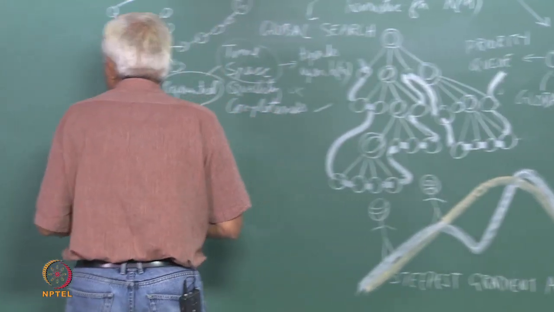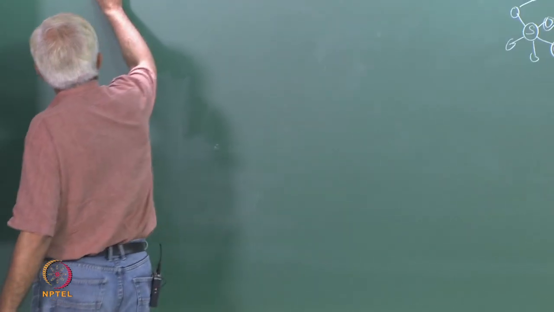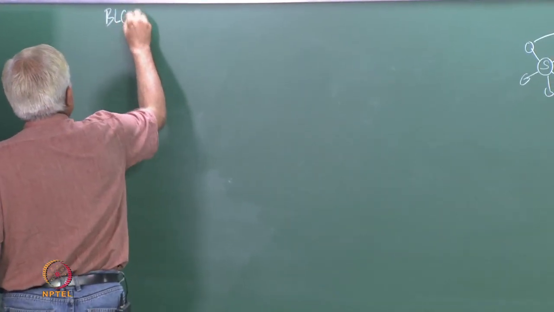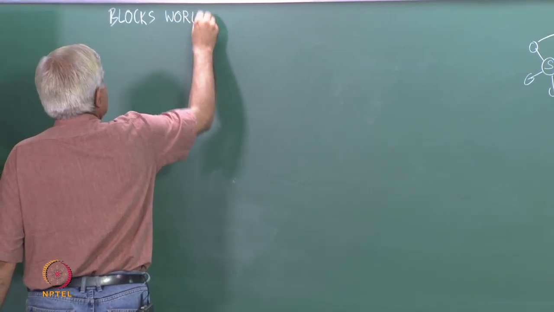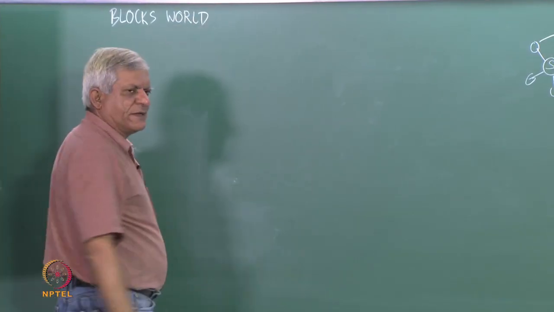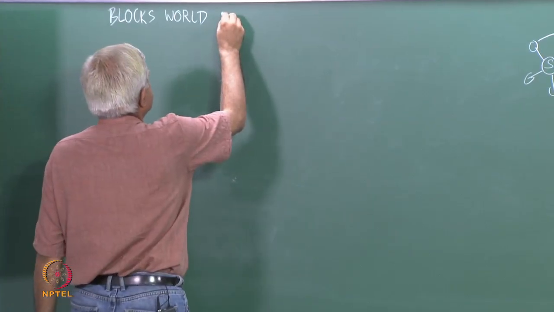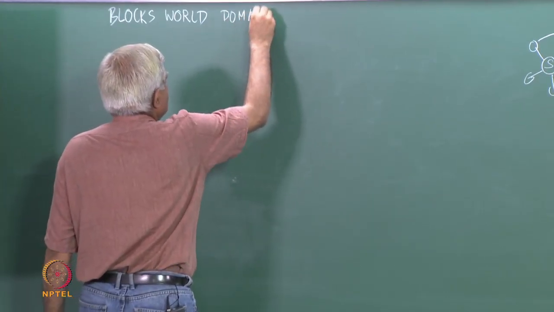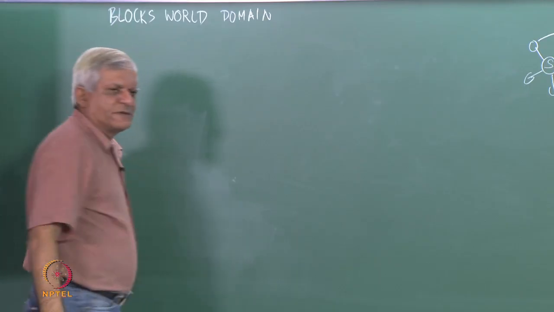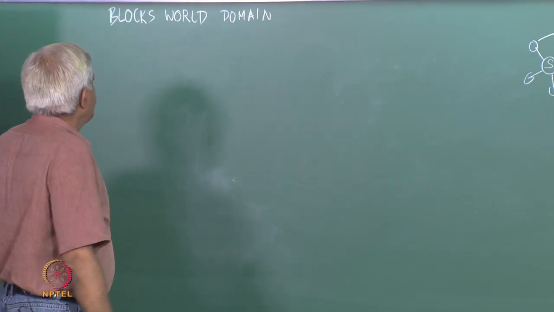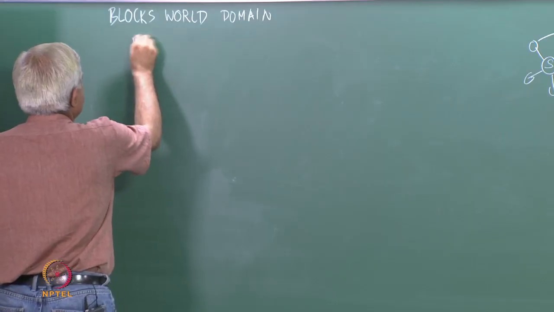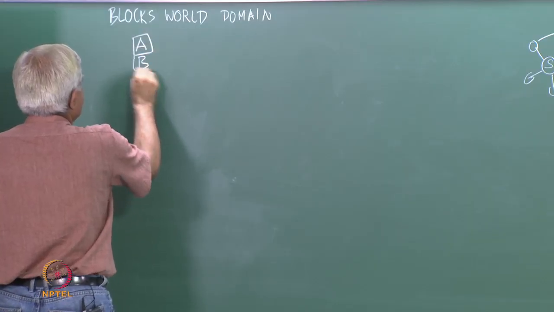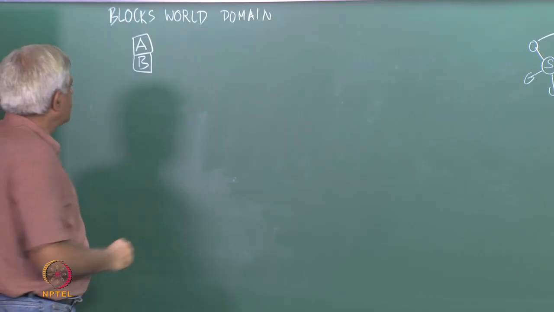So, let us take an example from the blocks world domain, which is a domain often used to illustrate many ideas in AI, and the domain consists of a set of children's blocks. So, for example, you may have a set of blocks arranged like this. You can keep only one block on another block.